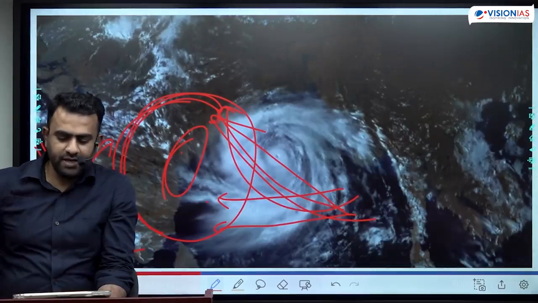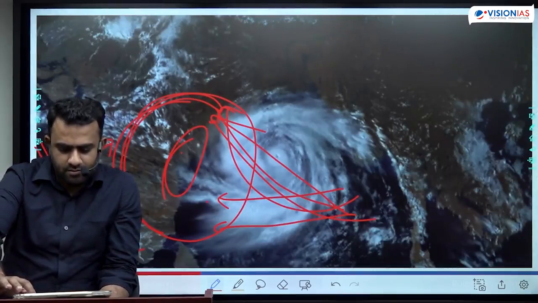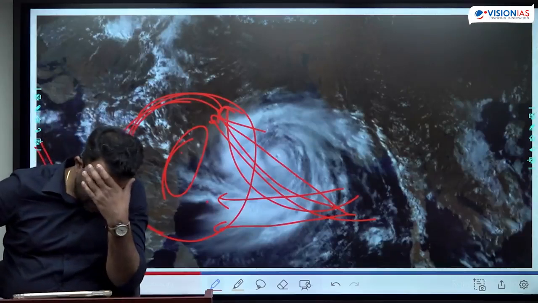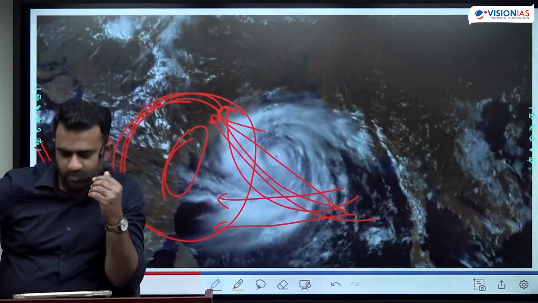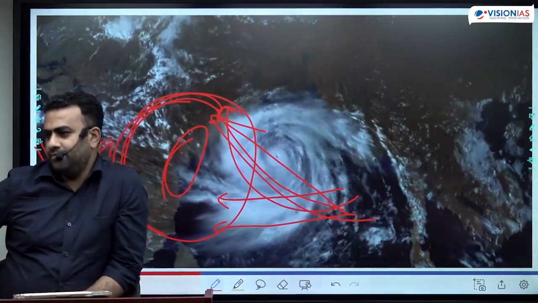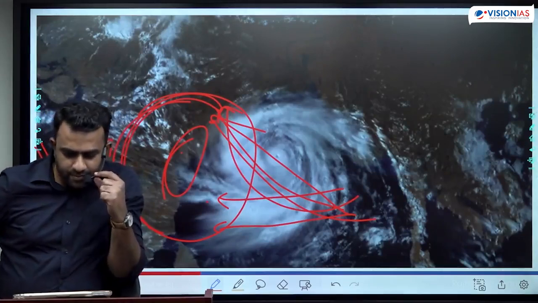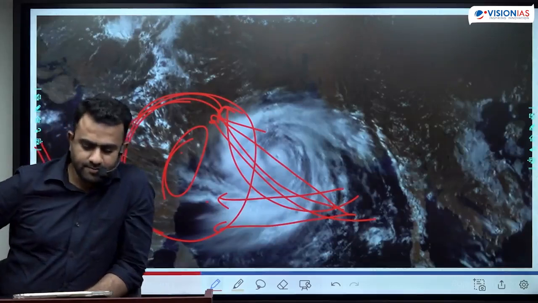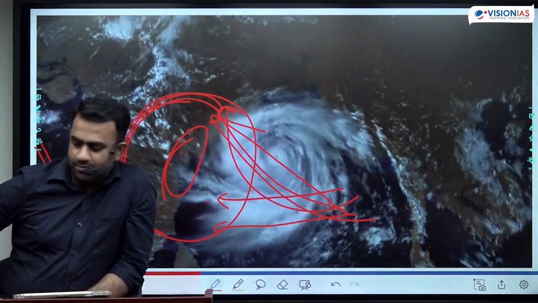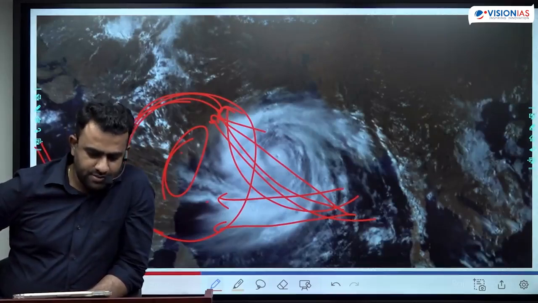This descending air moves towards the center and rises through convection, causing the entire system to stabilize.